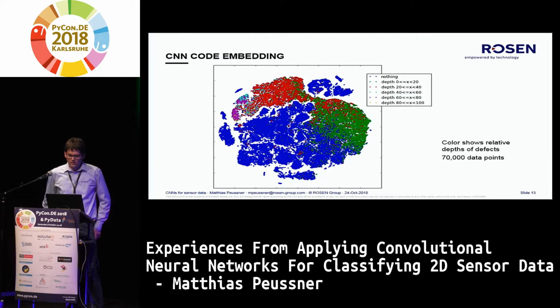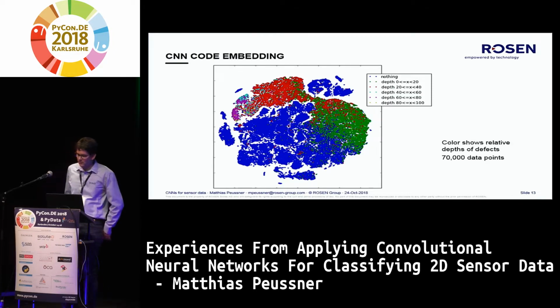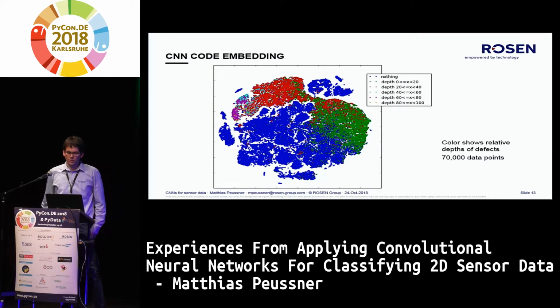And this shows me that the network already has learned something. The network was just trained on classification: is it a defect or is it not a defect? But effectively, the network learned to recognize how deep the defect is.